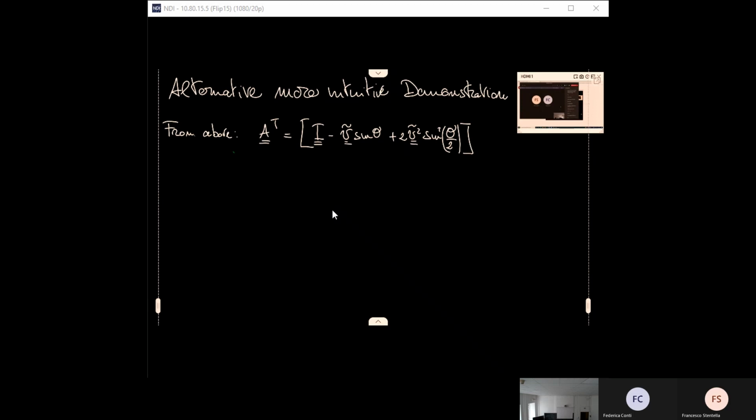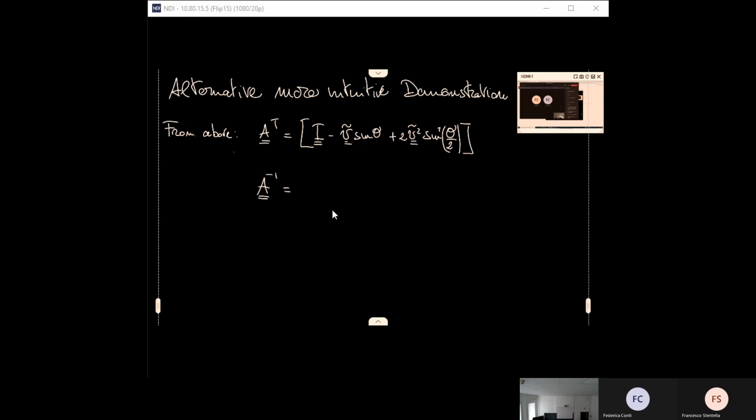But then A to the minus 1: let's think about it from a physical point of view. When you apply A to a vector R, basically you rotate it. You apply the rotation theta, if theta is the name of your rotation.